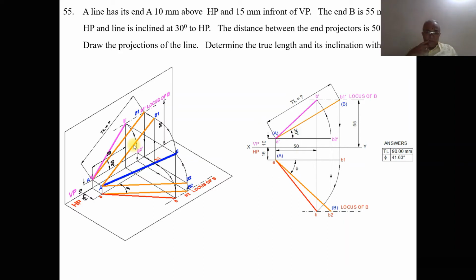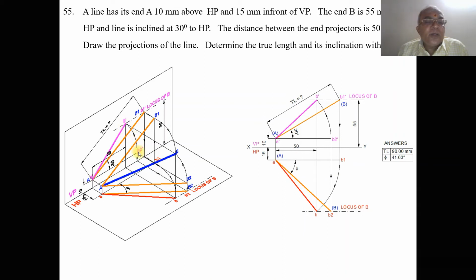Now we need to find out the true length in the horizontal plane. To find the true length in the horizontal plane, you have to make the line parallel to HP. How do we make that line parallel to HP? With A dash as center, taking the radius of A dash B dash, you rotate it and make it parallel.